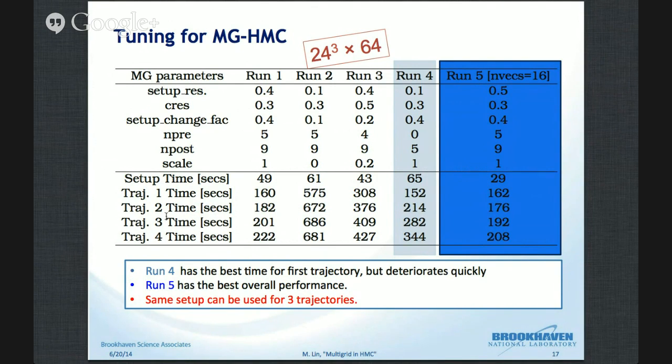In Lüscher's case, when he did the domain decomposition preconditioner, was he able to keep it for a whole trajectory? I didn't think so. It was like 15 steps or something. No, he kept it for some number of steps. Four steps. It went away quickly.